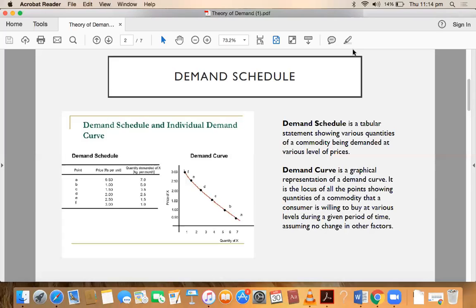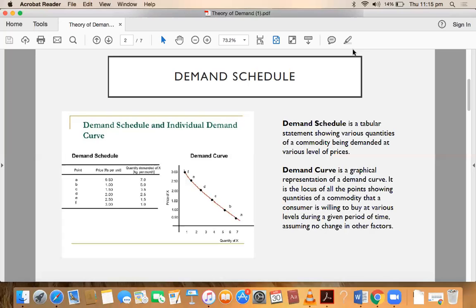On x-axis, quantity demanded is plotted, and on y-axis, price of the commodity is plotted. Listen, students, you always keep this in mind that on x-axis, always the dependent variable is plotted, and on y-axis, we always plot the independent variable.